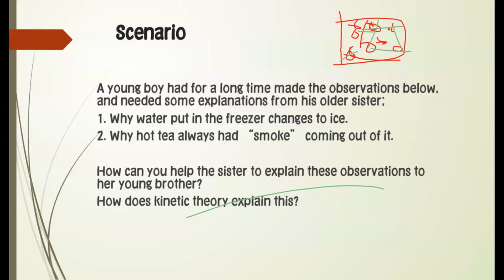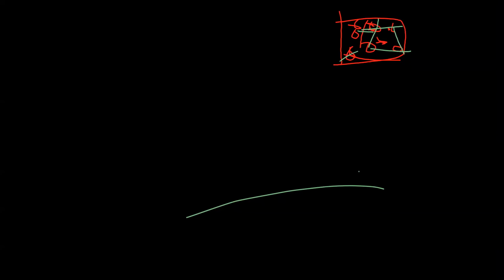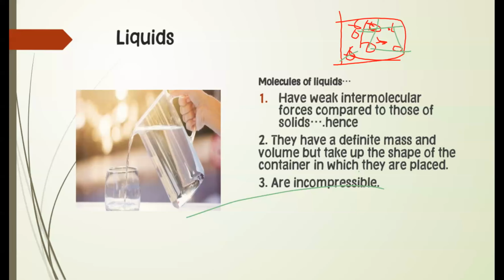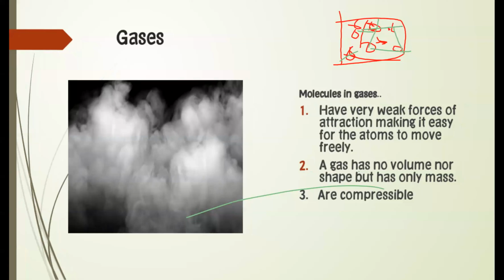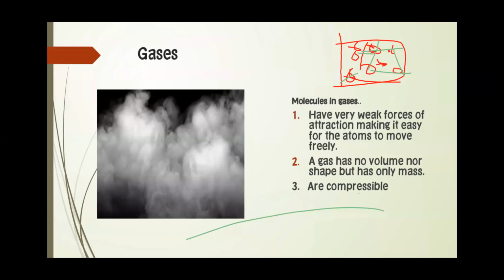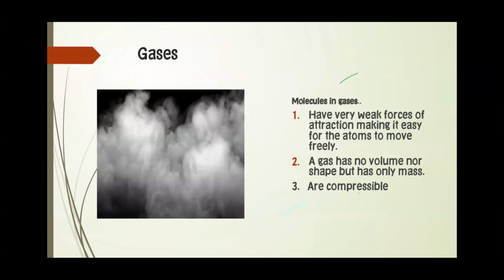Then we can move on to a gas. Now, if you look at a gas, they are telling me that gases have very weak forces of attraction, making it easy for the atoms to move freely.